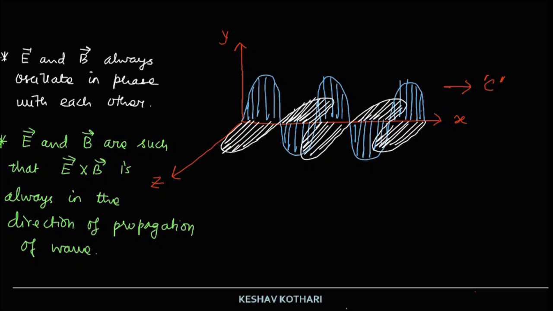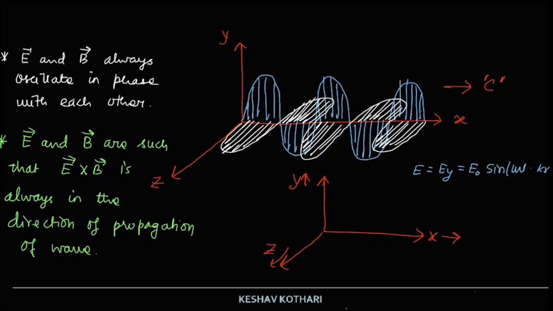In the case which we are dealing with, and which we will take throughout this chapter, this is the y axis, this one is the z axis, and this is the x axis. The electric field variation is along the y axis, that is E is written as Ey, equal to E naught sine of omega t minus kx.